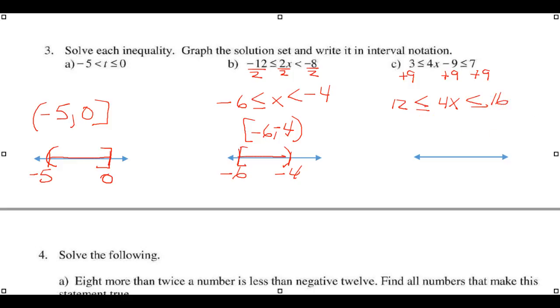Now to get rid of the 4, we just divide it out. So we get 3 is less than or equal to x is less than or equal to 4. And to graph, we have a 3, a 4. These will be brackets. And interval notation right from the graph.